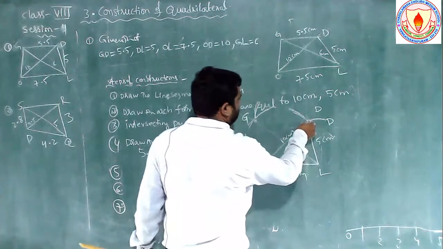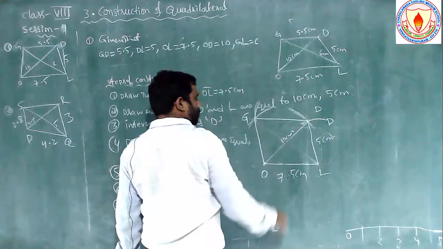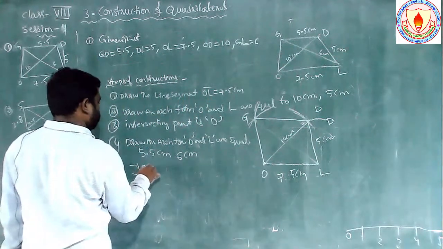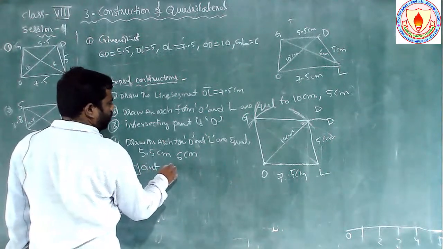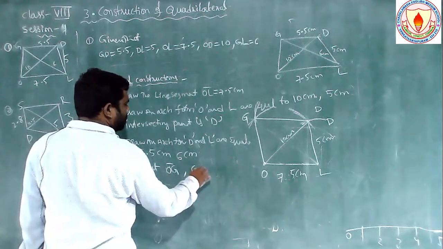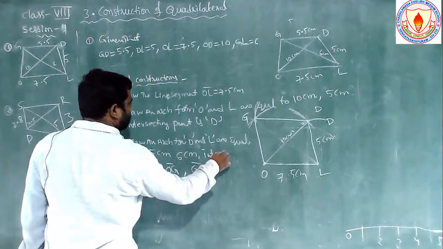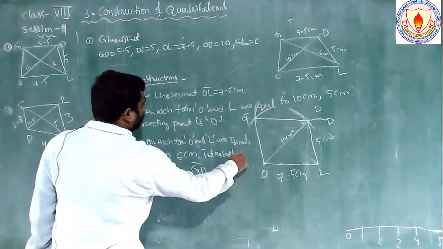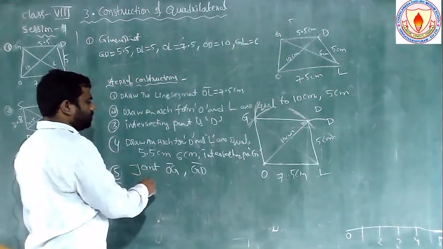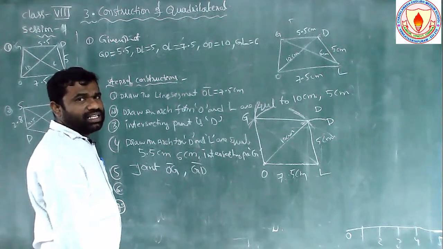And join D to G and O to G. Join the OG line segment and the GD line segment. The intersecting point is G. Join OG, GD.